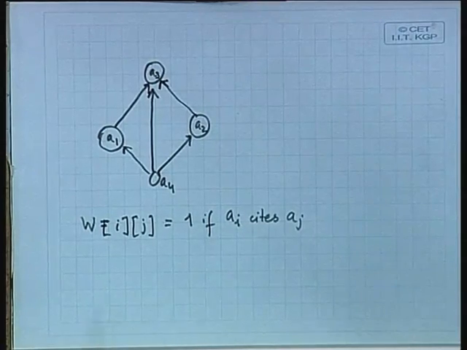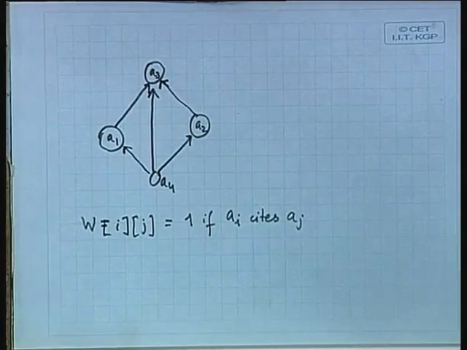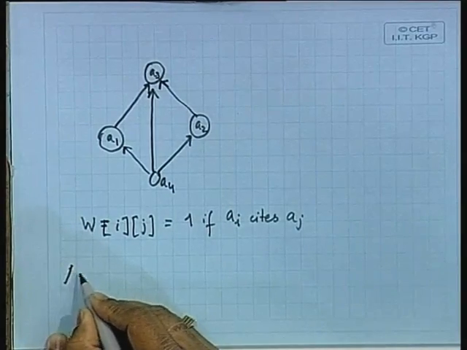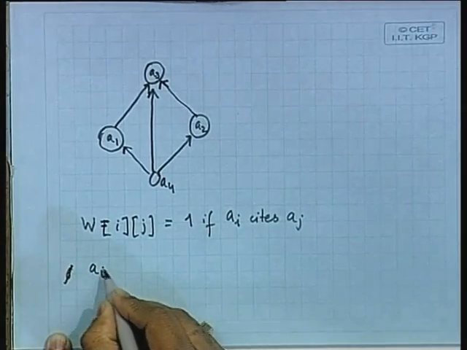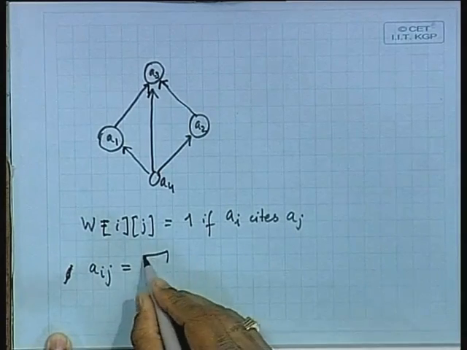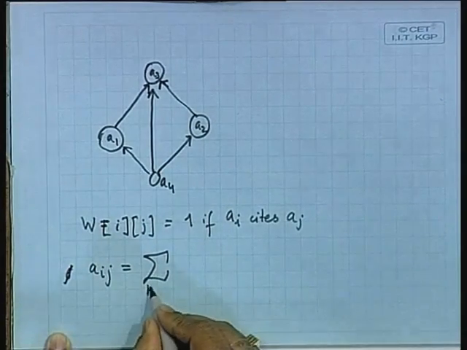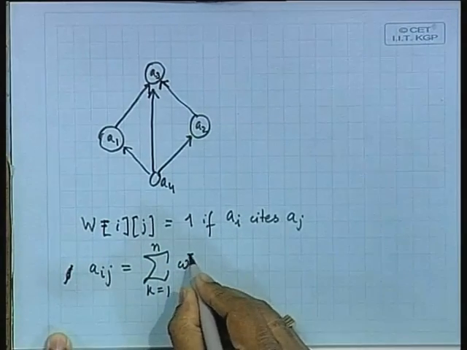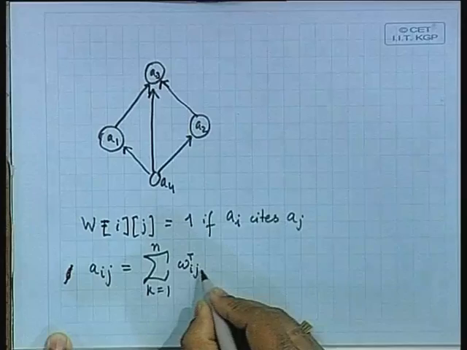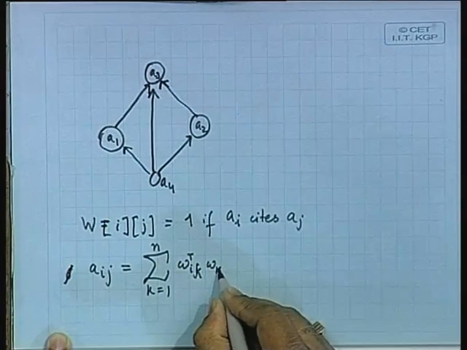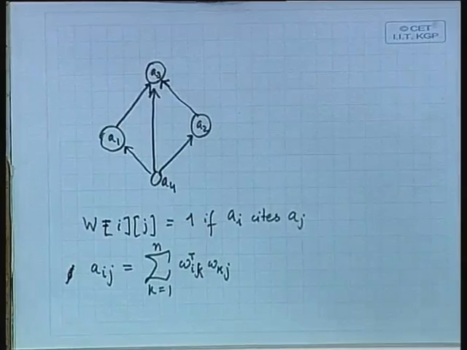Now what happens when we compute W transpose W? Tell me, what is Aij, an element of this A matrix? Is it clear?